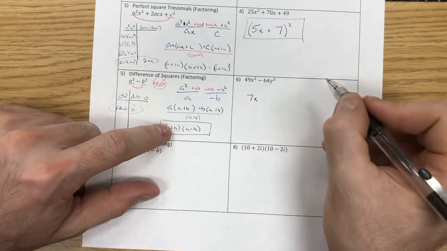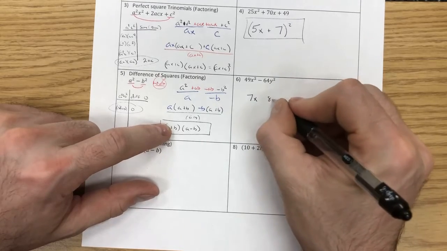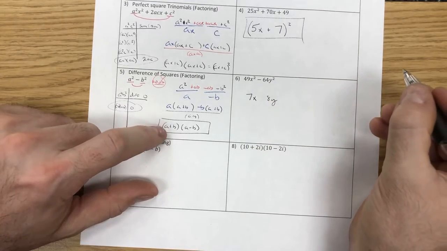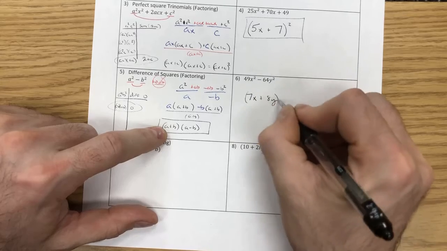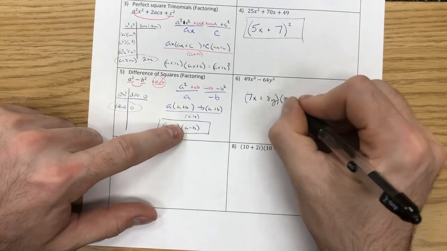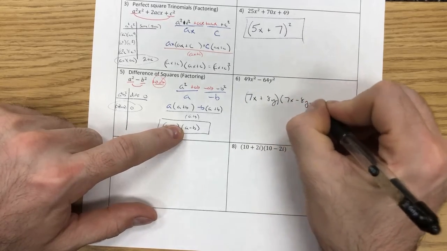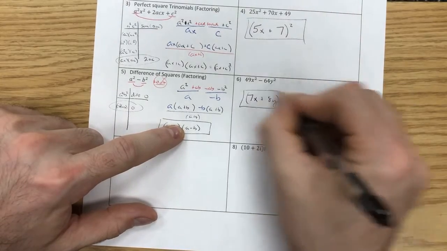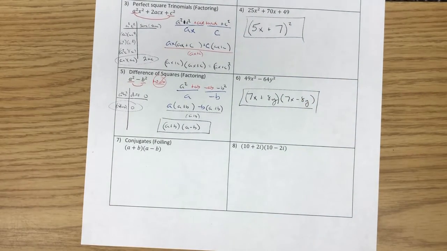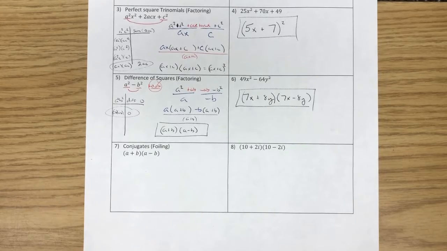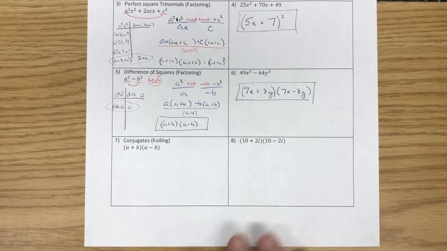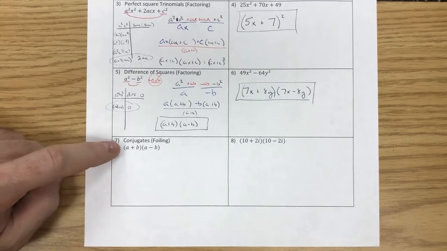So 64 and y squared, well, that's going to be an 8y. And I'm going to add it, and then I'm going to write it again with a subtraction sign. Boom. No steps necessary. There you go.